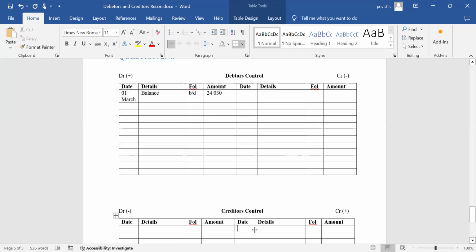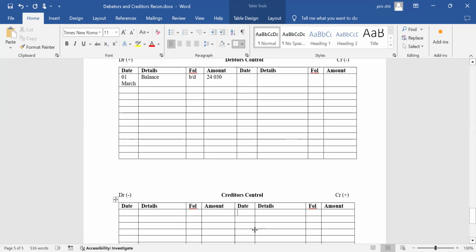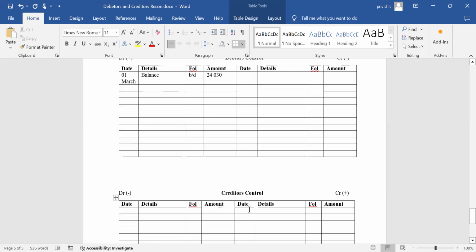And then for the creditors control, on the credit side, you also have the opening balance on the 1st of March, guys. And that's what you use as your balance brought down, of how much? 19,530. Does it make sense?